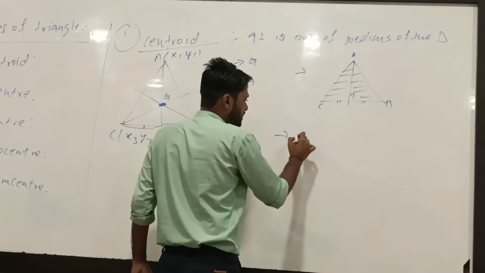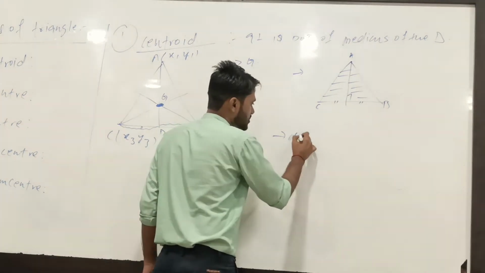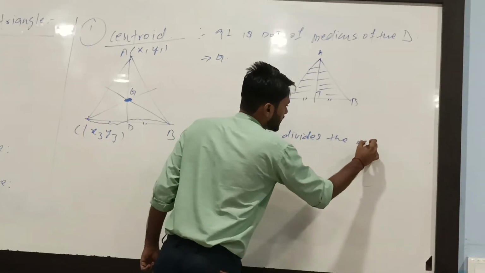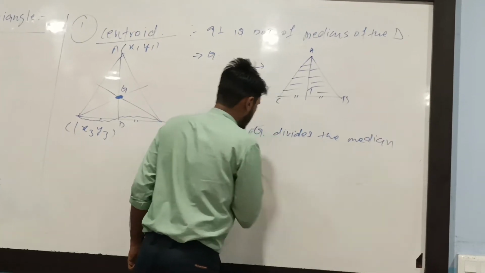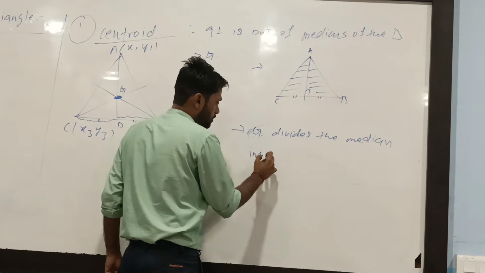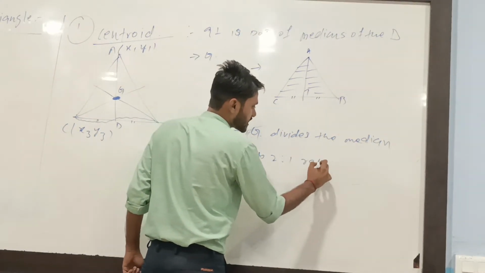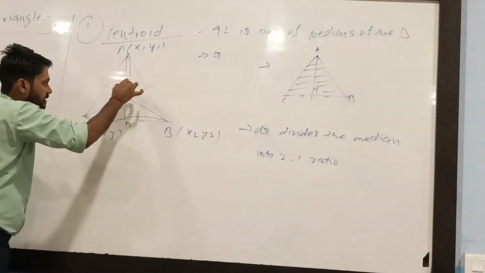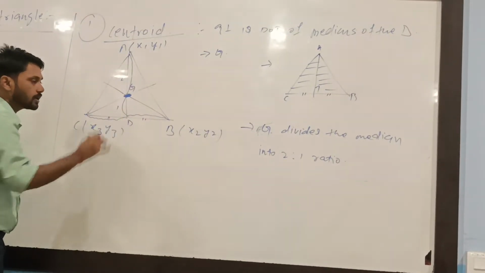Now some basic properties about the centroid. First property: the centroid, denoted by G, divides the median into a 2:1 ratio. That means this part will be 2 length and this part will be 1 length.